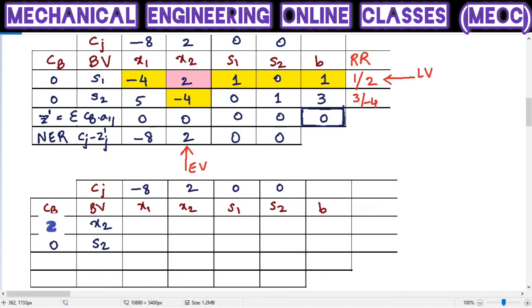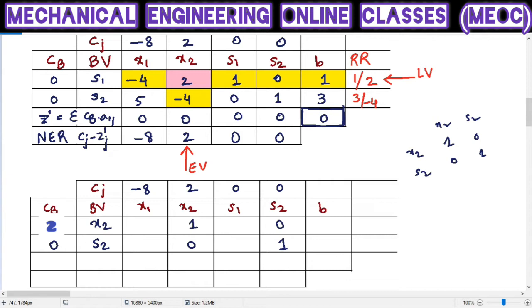Now how are we going to write these constraints such that the basic variable set x2, s2 becomes an identity matrix? That means this should become 1, this should become 0, this becomes 0, and this becomes 1. This should be the identity matrix.